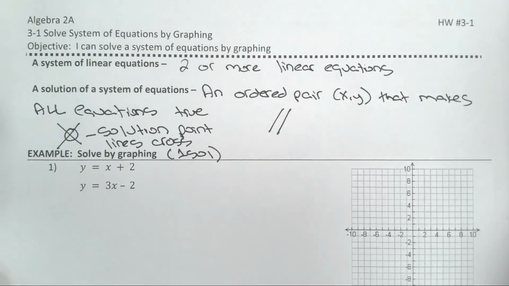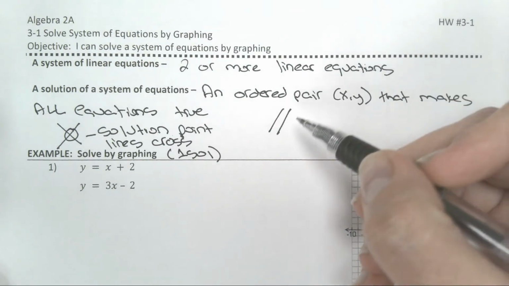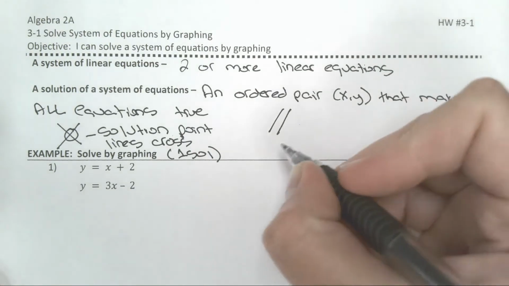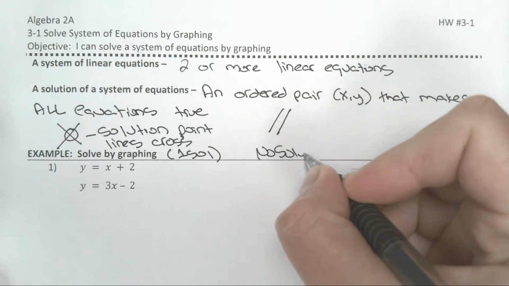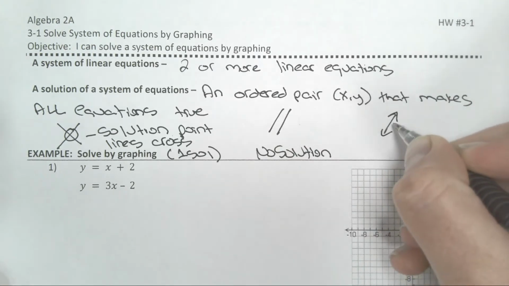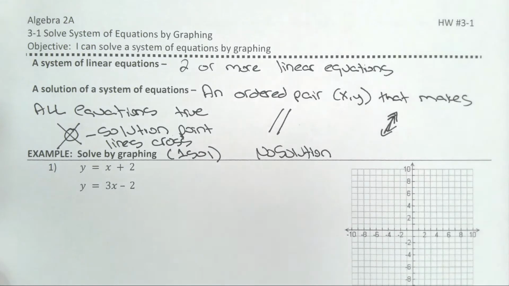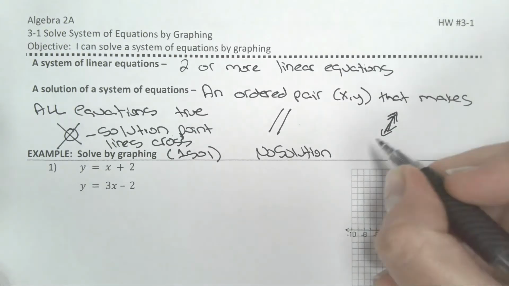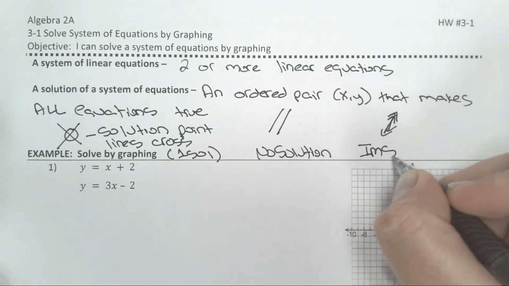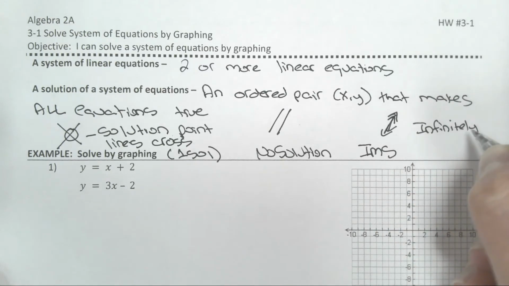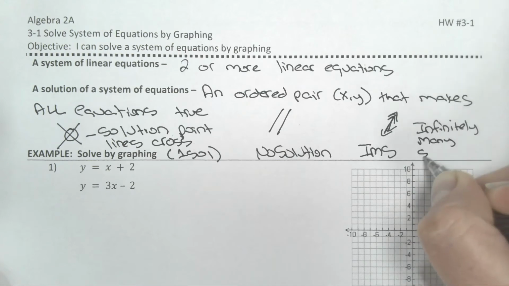It could be that the lines are parallel, and if the solution is where the lines cross and parallel lines never cross, there is no solution here. And then sometimes you will have two lines that sit right on top of each other, so all the points agree, and this is infinitely many solutions.